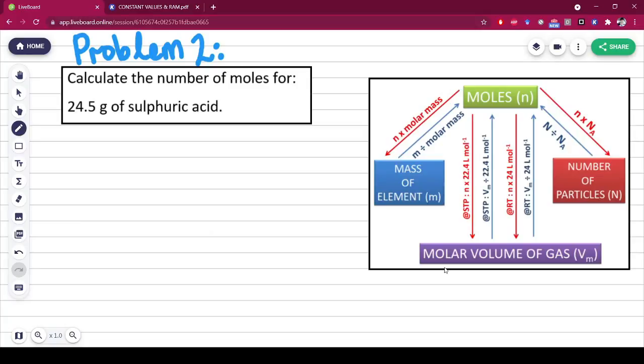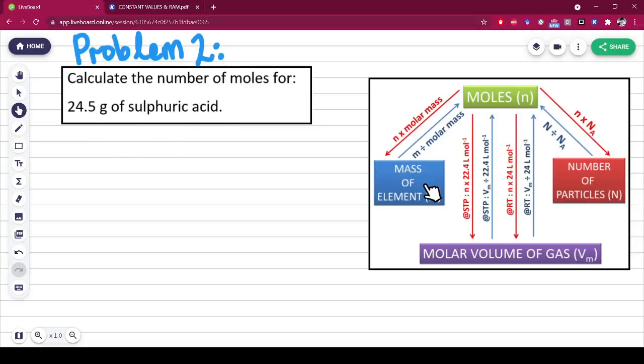Moving on to problem number 2. This is a little bit trickier than what you have seen just now. The reason why I said that this is trickier is because you need to work out what is the molar mass for sulfuric acid. Why do you need to do that? Because you're going to start from mass and you're going to move towards the number of moles.